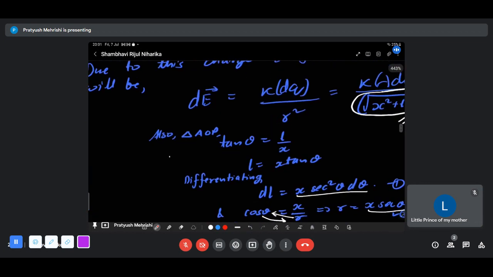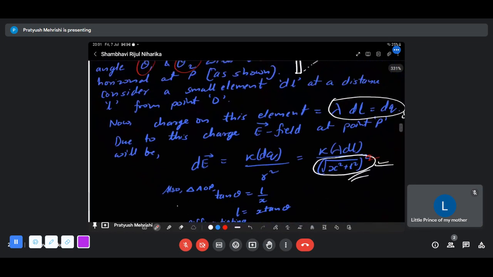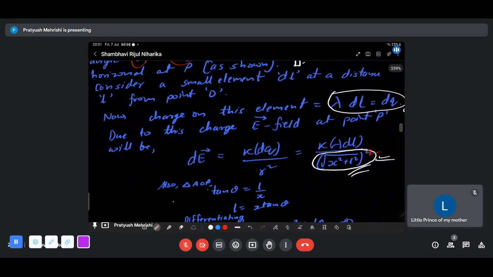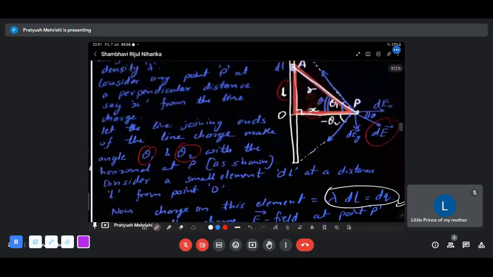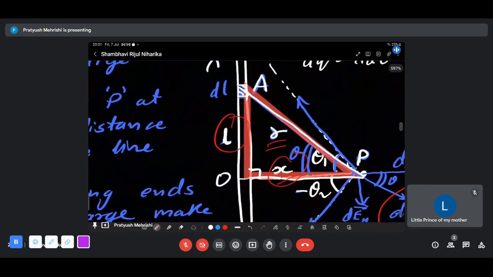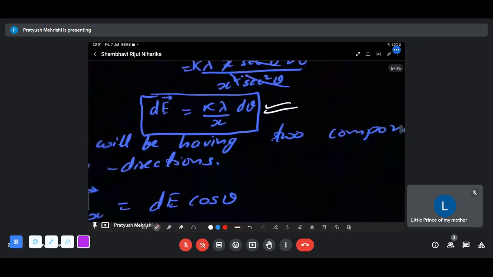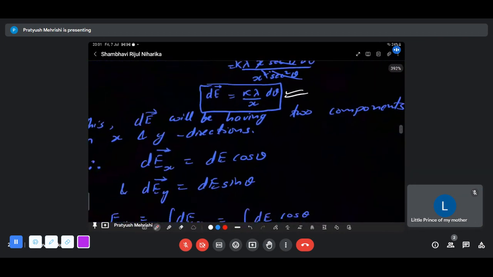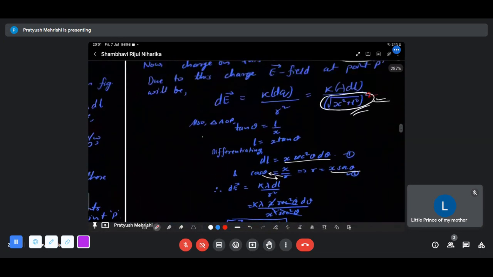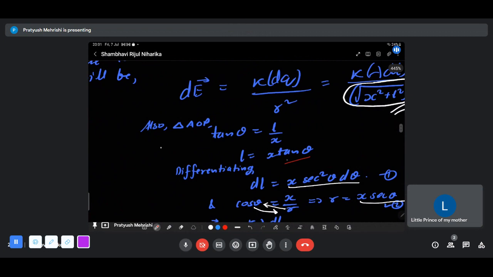Now again, same as the previous case, in triangle AOP, tan theta is equal to L upon x. Or we can write L is equal to x tan theta.